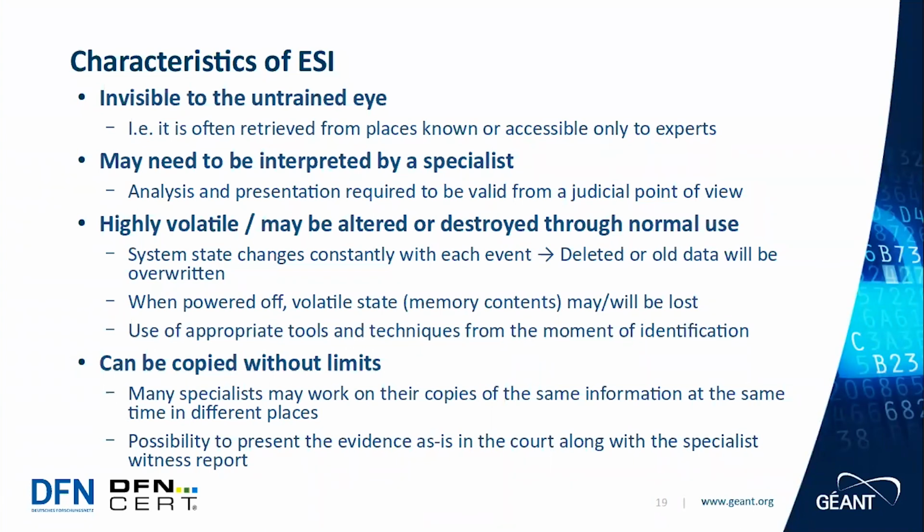So we may need proper tools and techniques to get this information copied off the system and preserved in a proper way. But on the other hand, digital data can be copied without limits, and so specialists can work in parallel on their copies of the same information at the same time in different places.